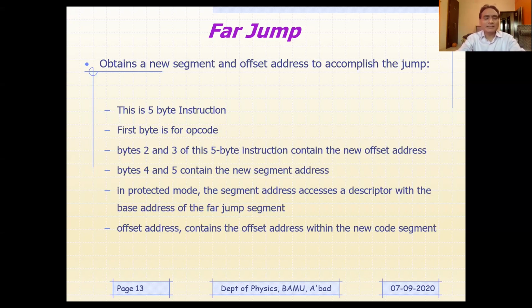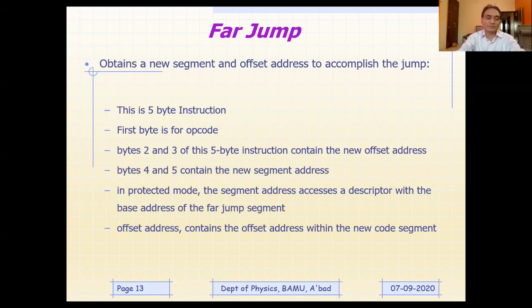And if it is a 3-byte instruction, then 1 byte will be reserved for opcode, and you are going to have 2 bytes for displacement. 2 bytes means 16 bit. 16 bit means 2 to the power 16. It is going to be 64k if it is an unsigned number. But if it is a signed number, one bit is going to be reserved for sign. So the remaining 15 bits would be used.